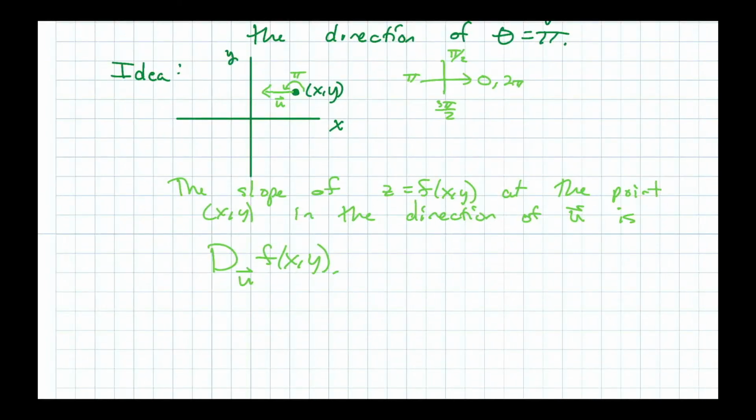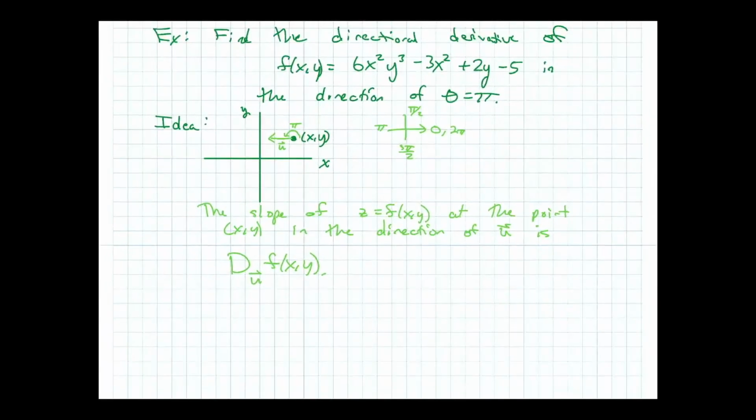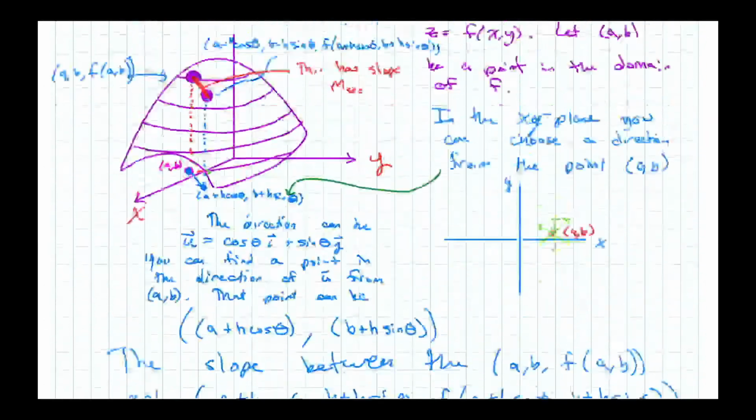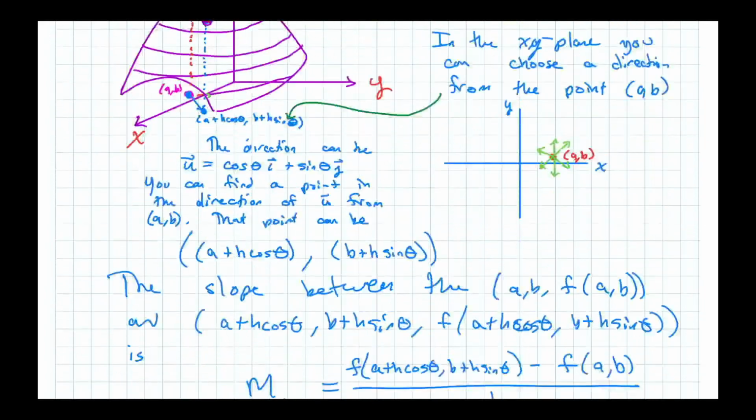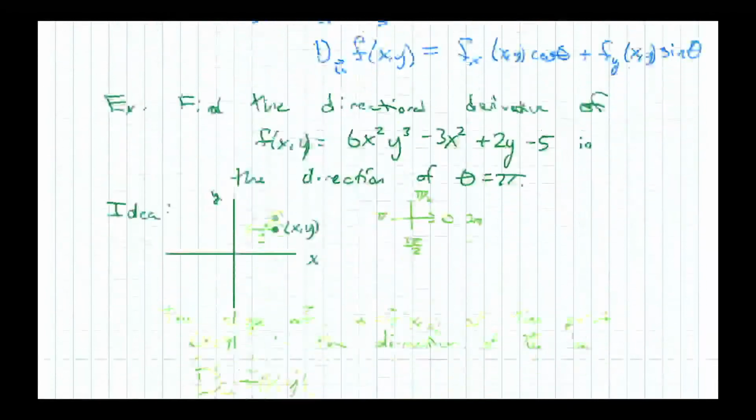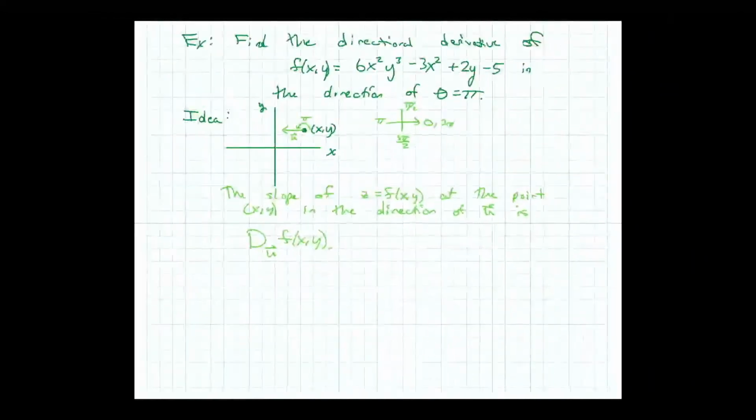I'm just making sure we understand what it is we're calculating here, right? Again, from the picture, in one direction the function might stay constant. Another direction like this one, maybe the function goes down. Another direction, maybe it goes up, right? It all just depends. So that's what we're trying to calculate.